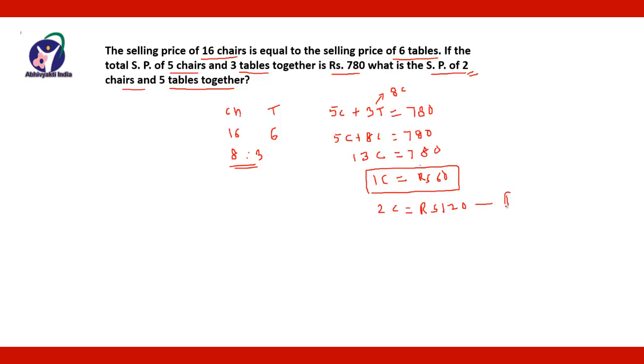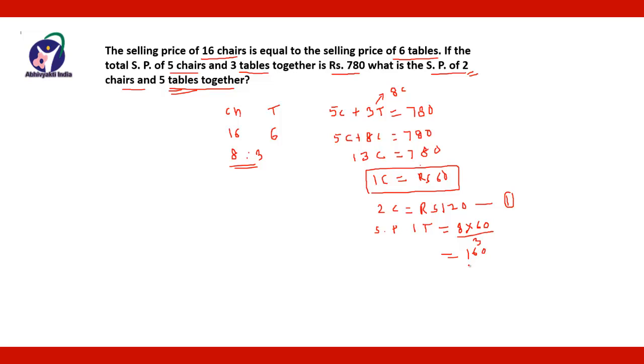Now we have to find the selling price of 5 tables, and therefore the selling price of 1 table will be equal to 8 multiplied by 60 divided by 3, because the ratio is 8 is to 3, and so which is equal to 160.